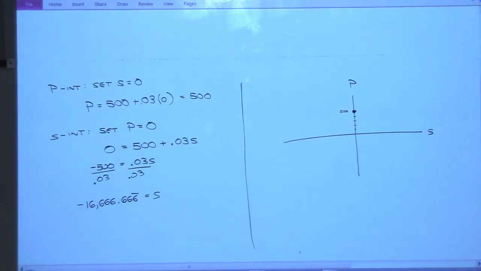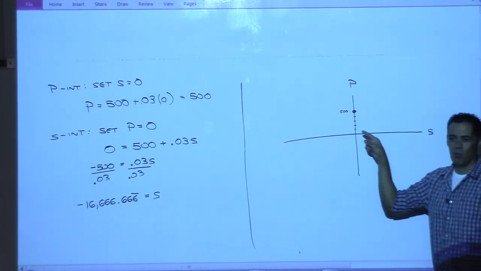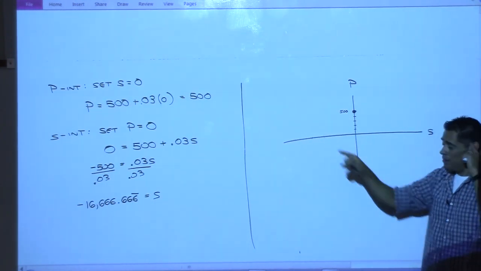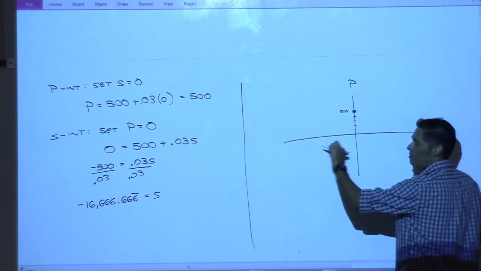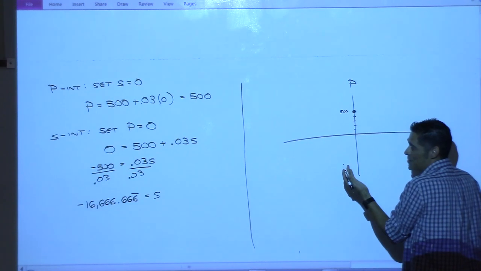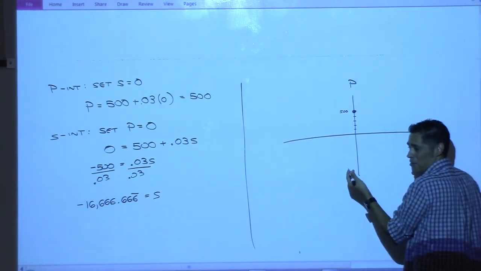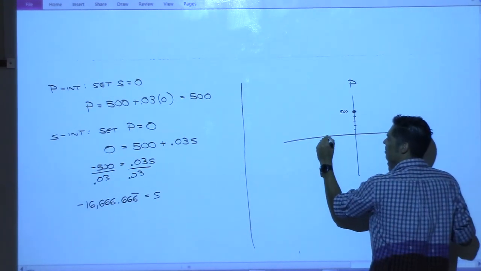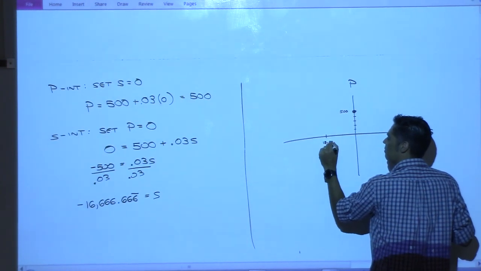Now, where's my s-intercept? Negative 16,666.66, which is way out there, right? So I should probably count this way by thousands or maybe 5,000s or 10,000s. Let's do 10,000s. Let's say that's 10,000.